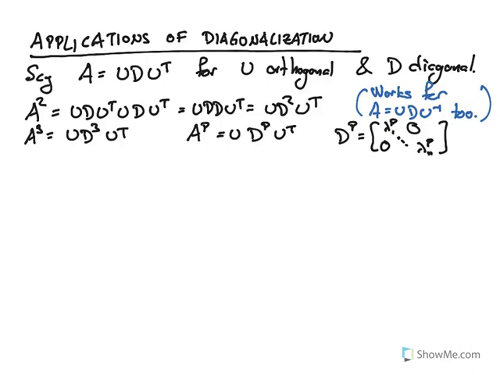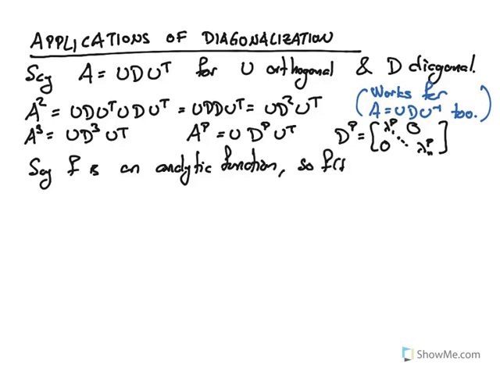And you can push this even further. So say f is an analytic function. So f of t is equal to some sum over p of c_p t to the p, not sum over t, of course.